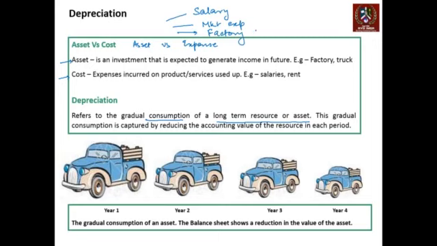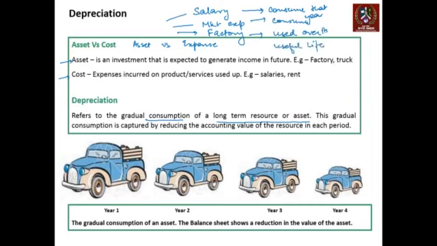Expenses are essentially parameters which you will consume in that year. If you consume it that year, that's typically an expense, correct? So this is also consumed the same year. A factory, on the other hand, is used over its useful life.